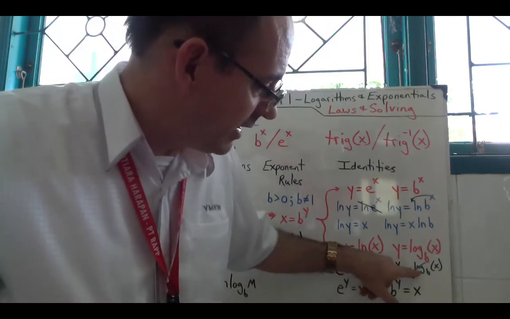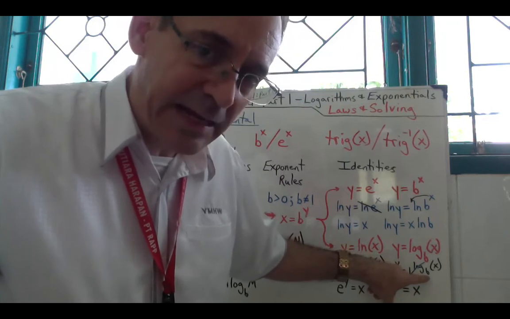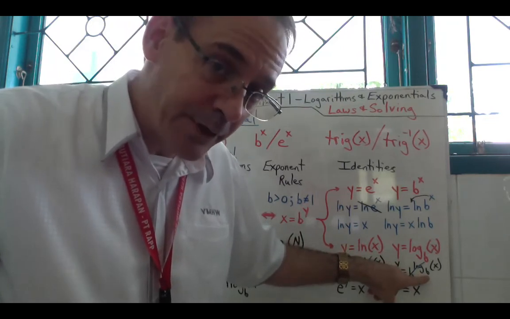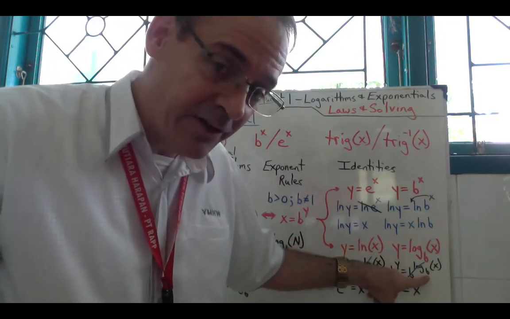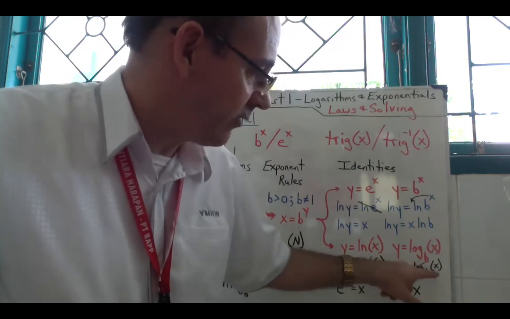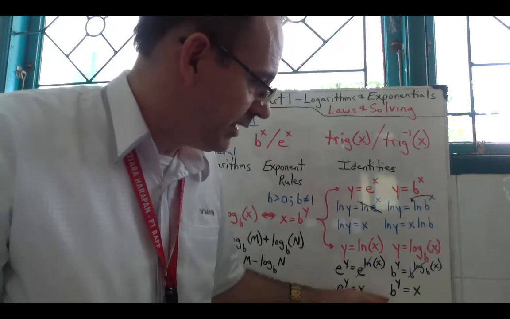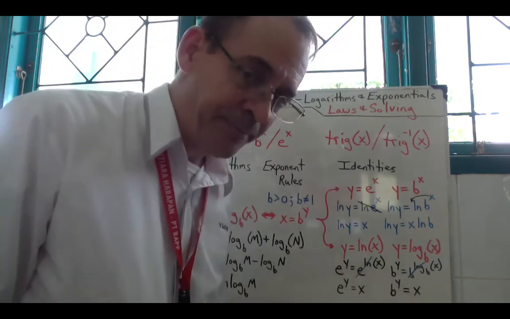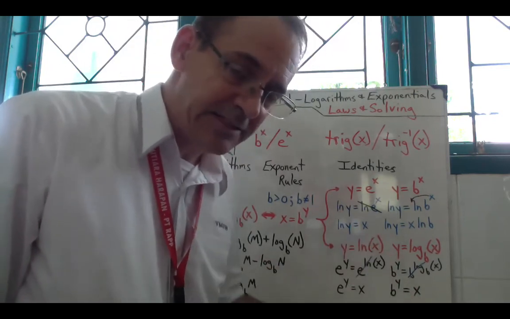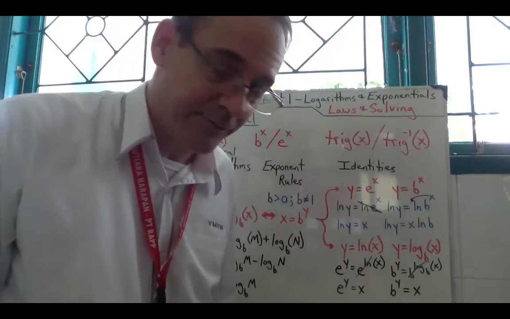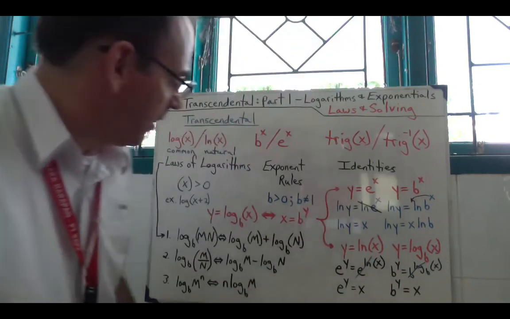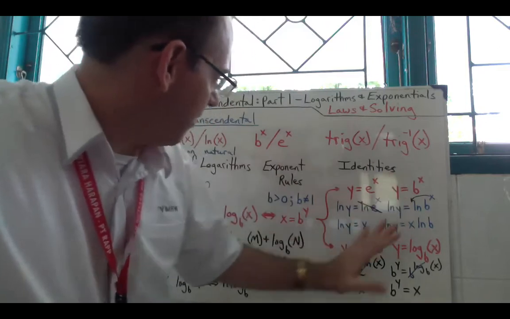Notice the base b and the log base b are the same number, and as long as they are the same number, they will cancel out, and again your x drops down to the normal script. So we have b to the y equals x. So that b can be any constant, 2, 5, 8, whatever.